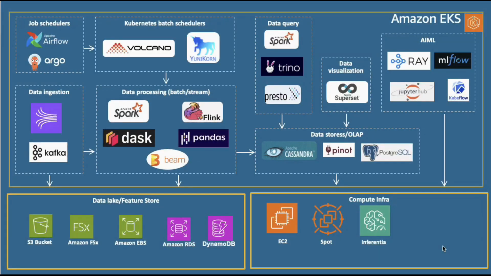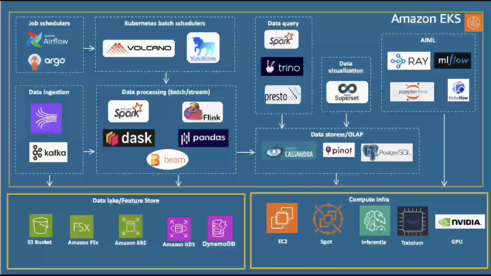Then we have specialized instance types, which is Inferentia for inferencing workloads at scale at reduced cost. And there are also specialized hardware accelerator instances called Trainium for running the training for the models. Then we also have a lot of NVIDIA-based GPU instances for training as well as inferencing the models.